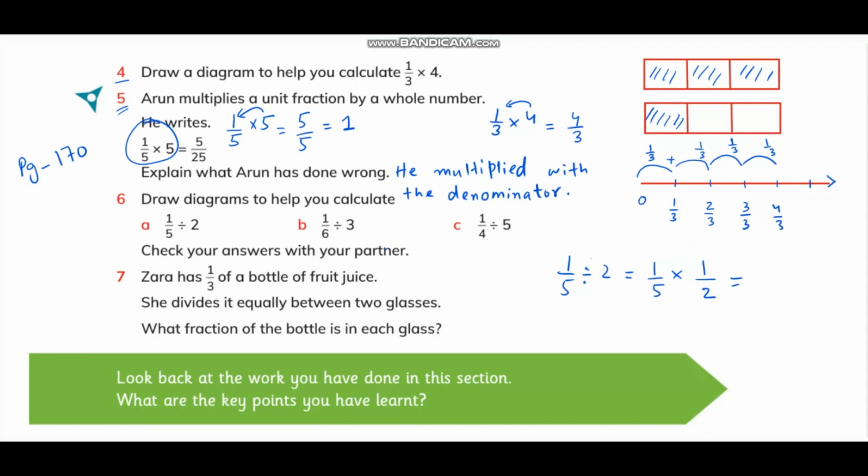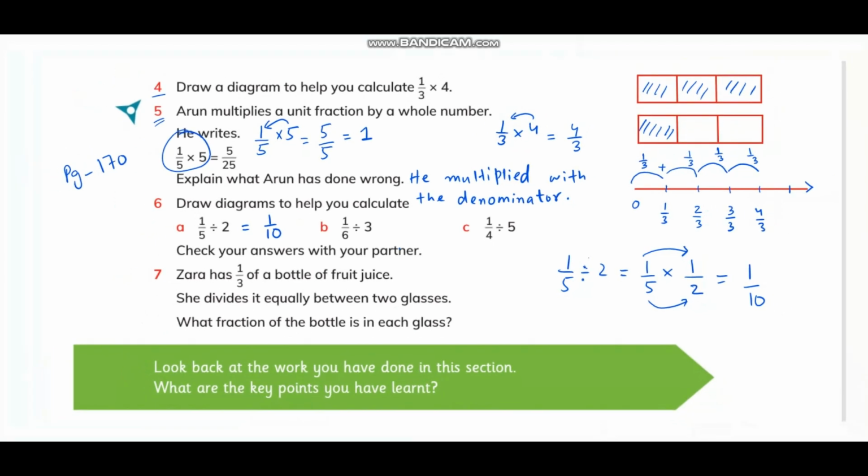Let's start now. 1 times 1 is 1, denominator with the denominator, 5 times 2 is 10. So this is the answer. You can write here 1 by 10. That's how we solve this question.